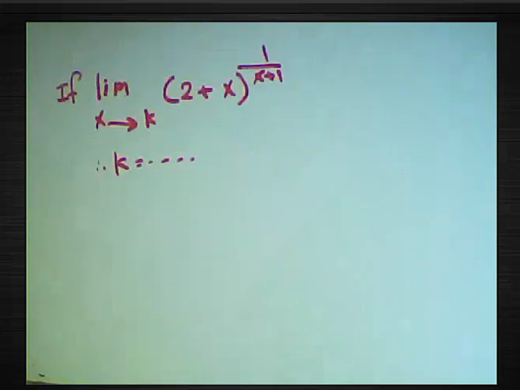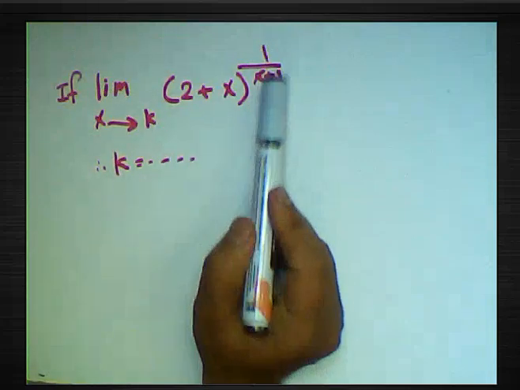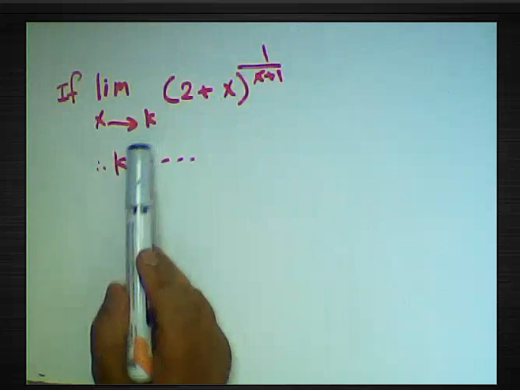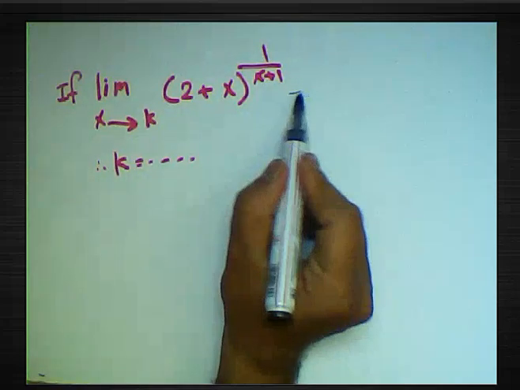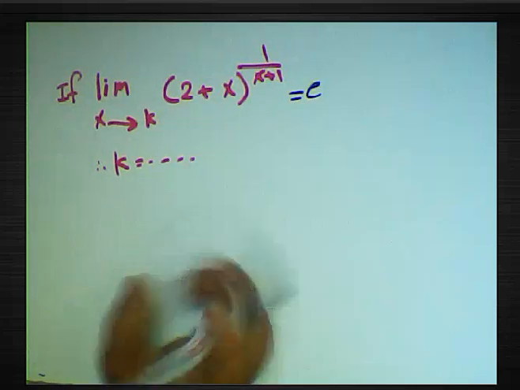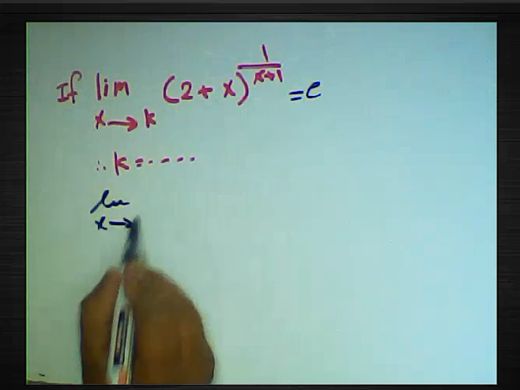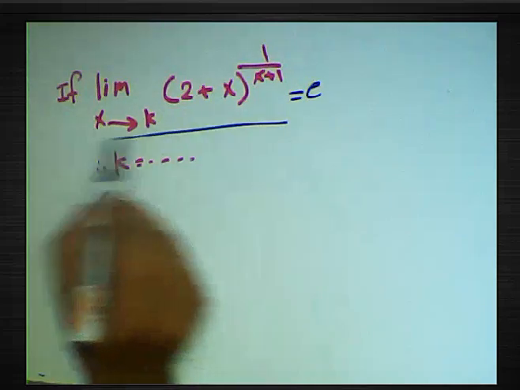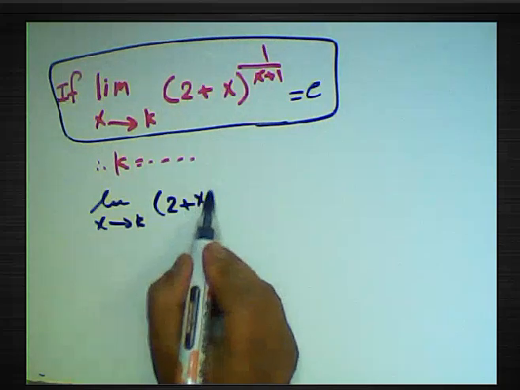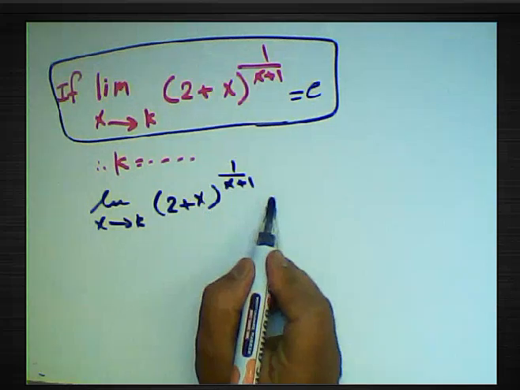If the limit of ((2+x)/(1+x)) to the power of 1 over x plus 1, when x approaches k, equals e, then k equals what? We can convert it. The limit when x approaches k of this expression, (2+x)/(1+x) all to the power of x plus 1, the result will be e.